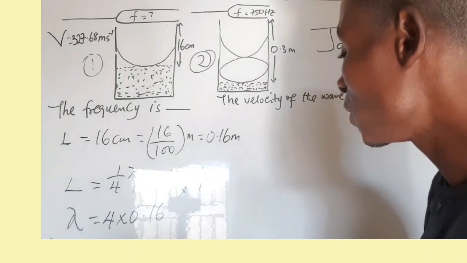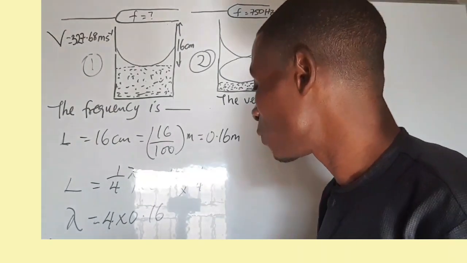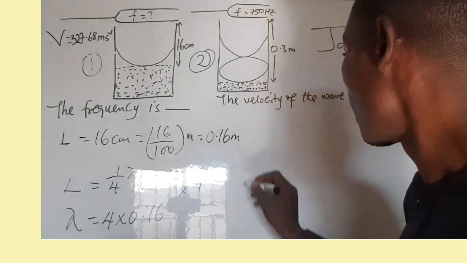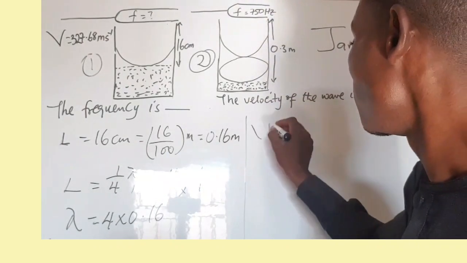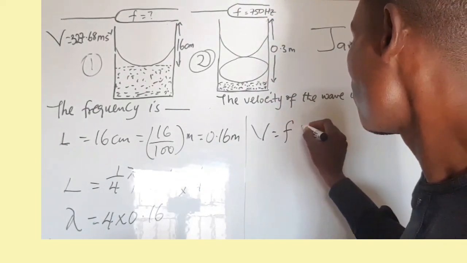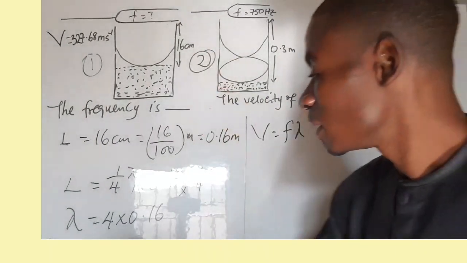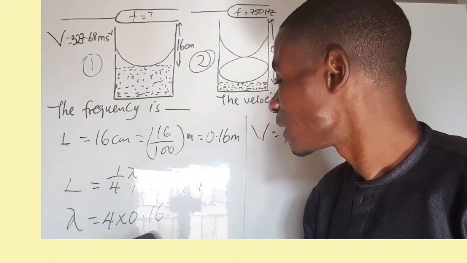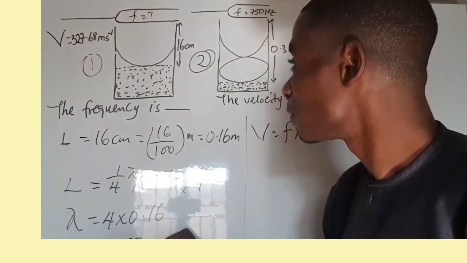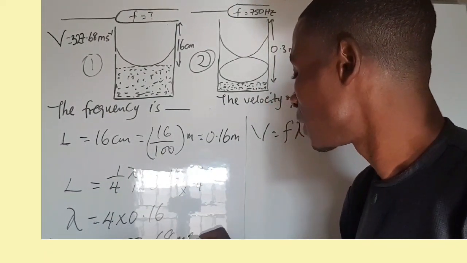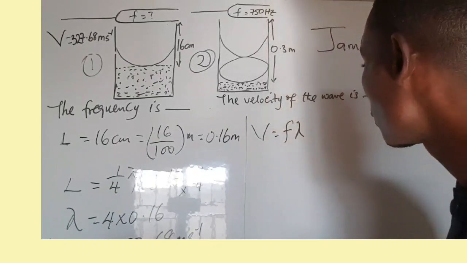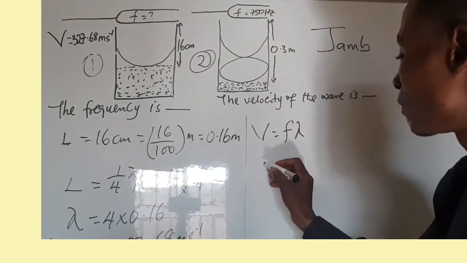For frequency, we must go back to the equation of wave. We say that the velocity v is equal to f lambda. The velocity v is given as 327.68 meter per second. So we just make f the subject of the formula.